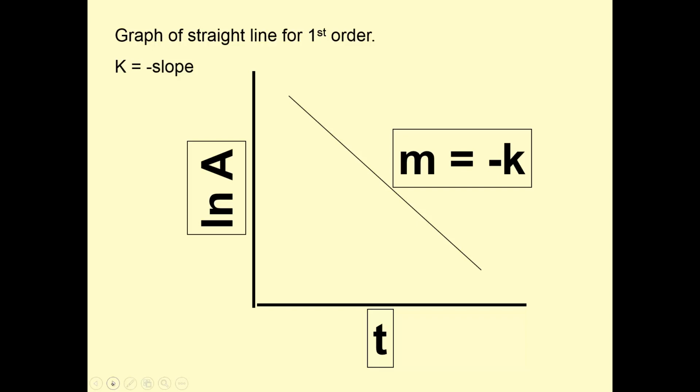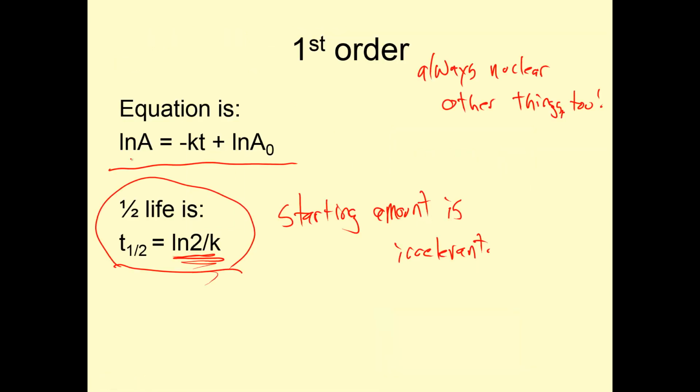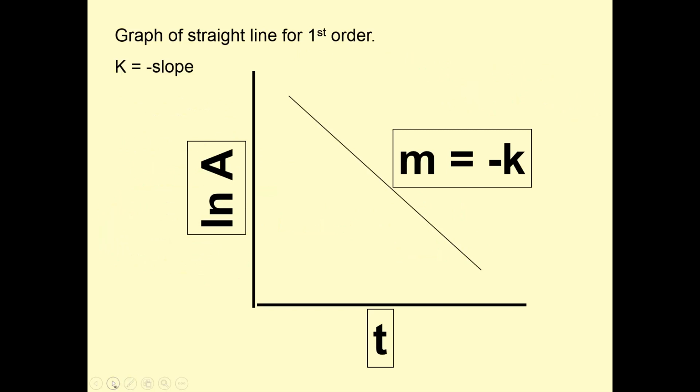So the graph of a straight line, and this makes sense, if I say y equals mx plus b, do you see how the slope is negative k? And I'm going to graph y is going to be the natural log of A, and t is my x. Make sense?